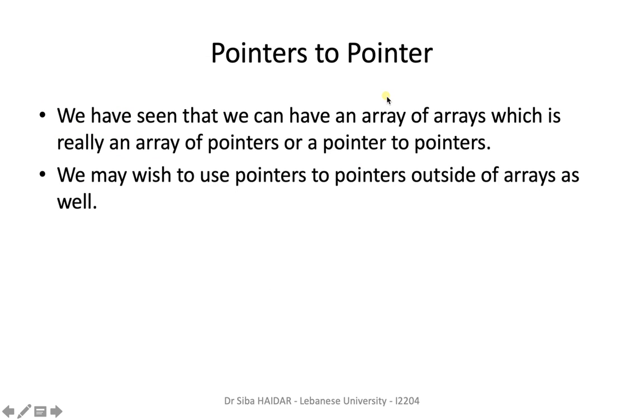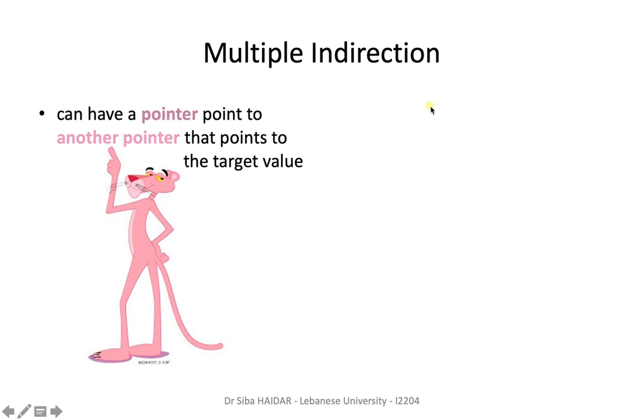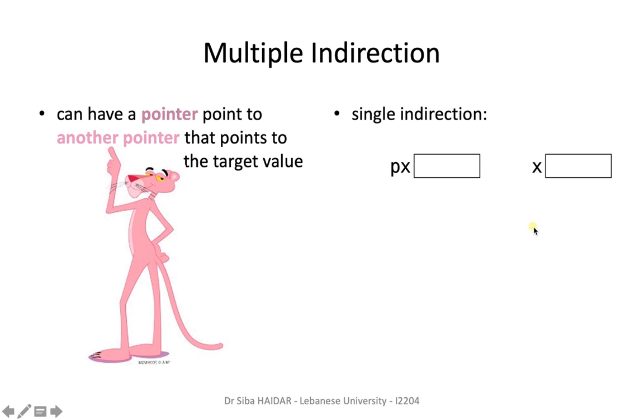So far we have seen that we have an array of arrays. We can have an array of arrays which is really an array of pointers or a pointer to pointers. We may wish to use pointers to pointers outside an array as well. Here is multiple indirection. So you can have a pointer pointing to another pointer that points to the target value. In single indirection, we are used to this.